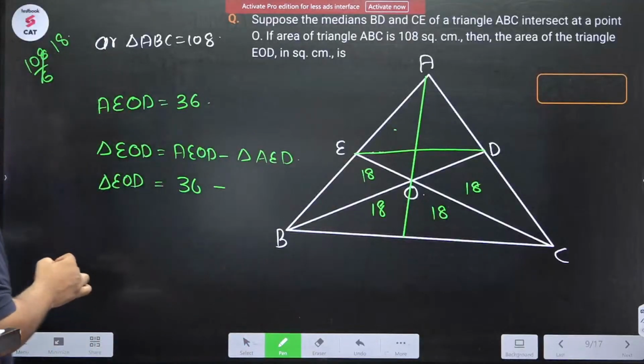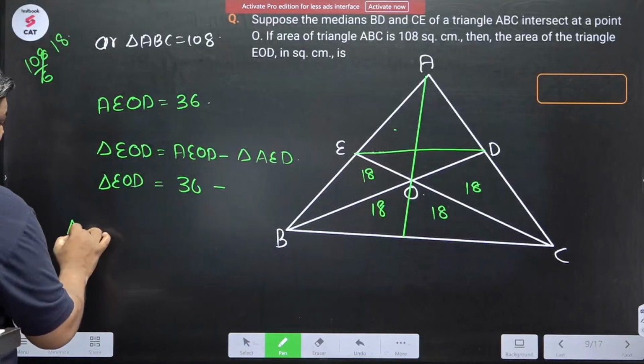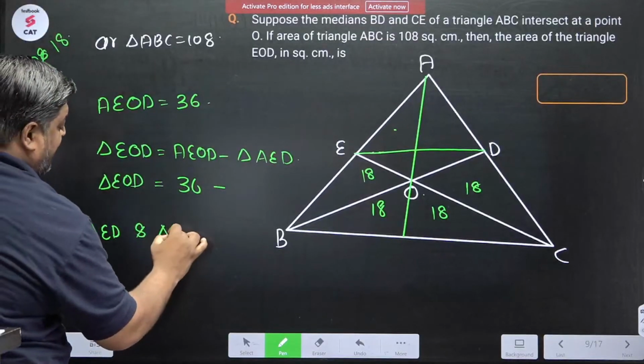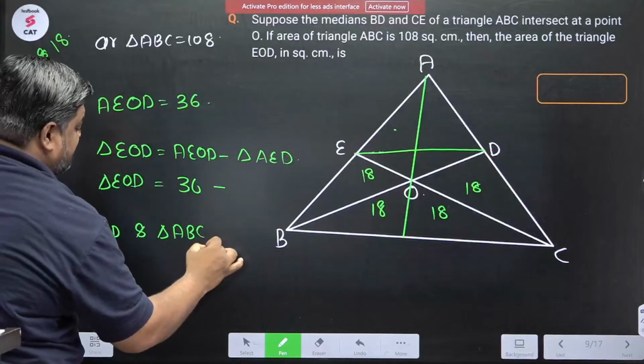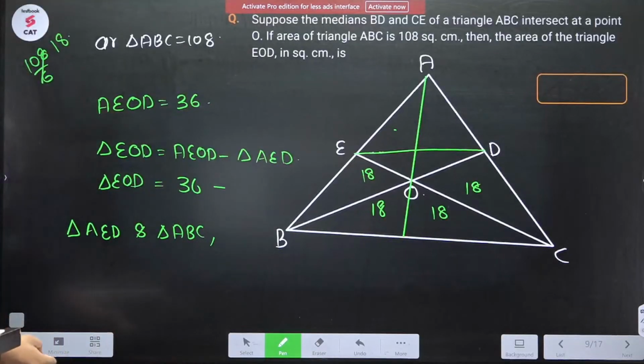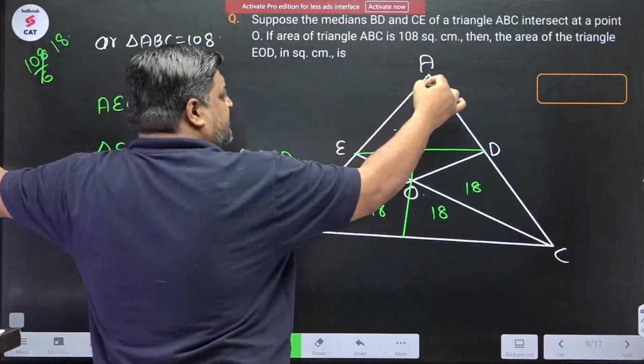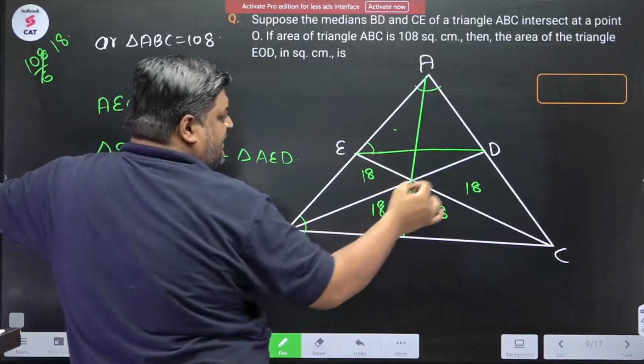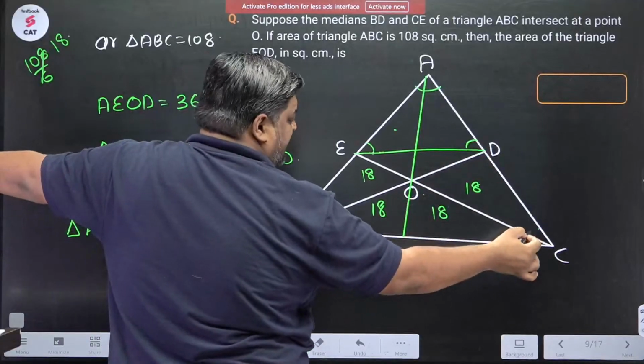So I can say triangle AED and triangle ABC are similar triangles, angle A same hai, this angle is same, alternate angles, this angle is same, the corresponding angles.